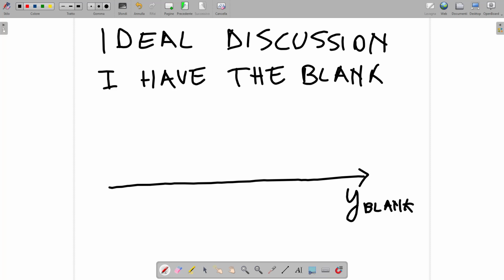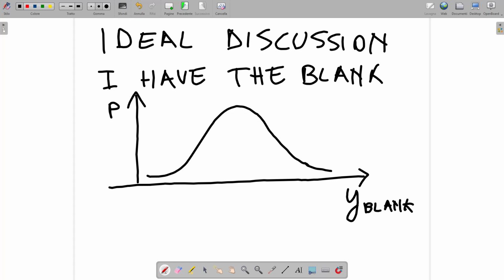So I have measured the signal for the blank infinite times, and I am going to create a distribution. This distribution will have a point of maximum, that is what I have called YB, and it will have a standard deviation that I will call SB.